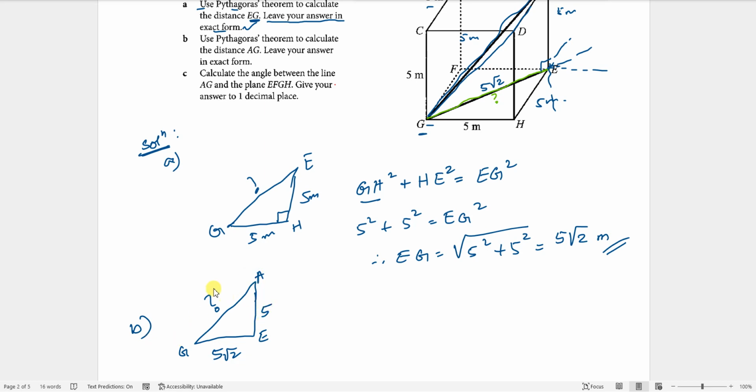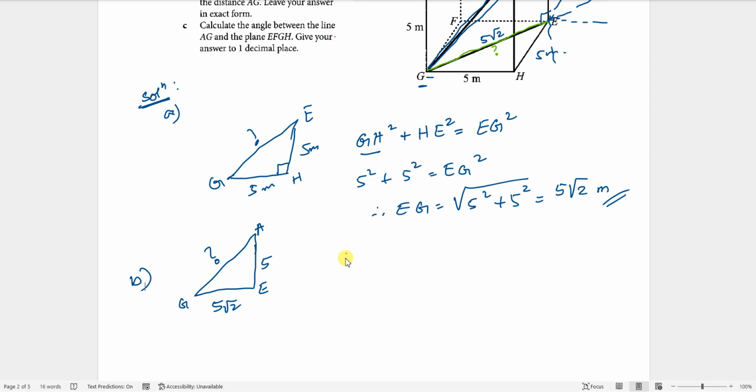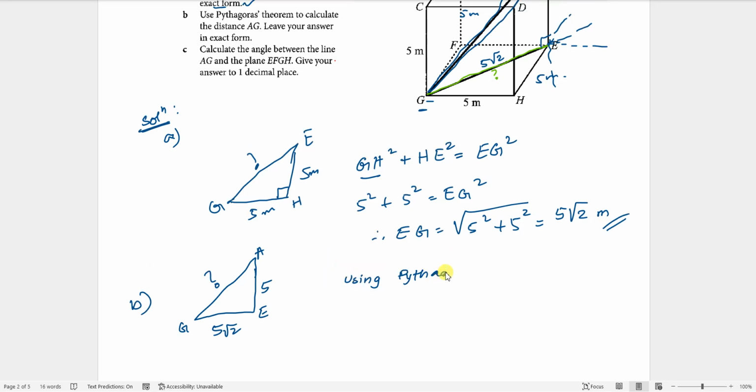So similarly, using Pythagoras theorem, it's better you write using theorem. We can write AE square plus EG square is equals to AG square. So AE is 5 square plus 5 root 2 square.